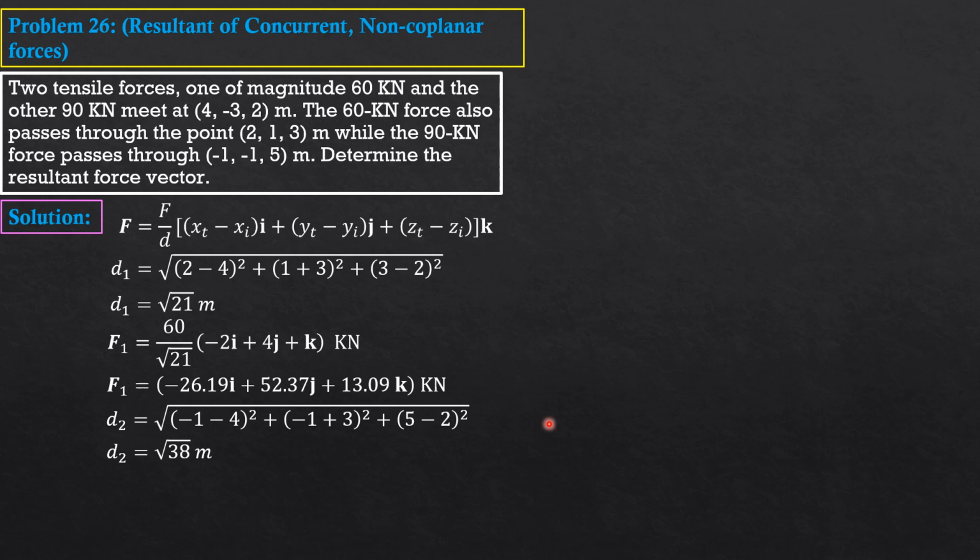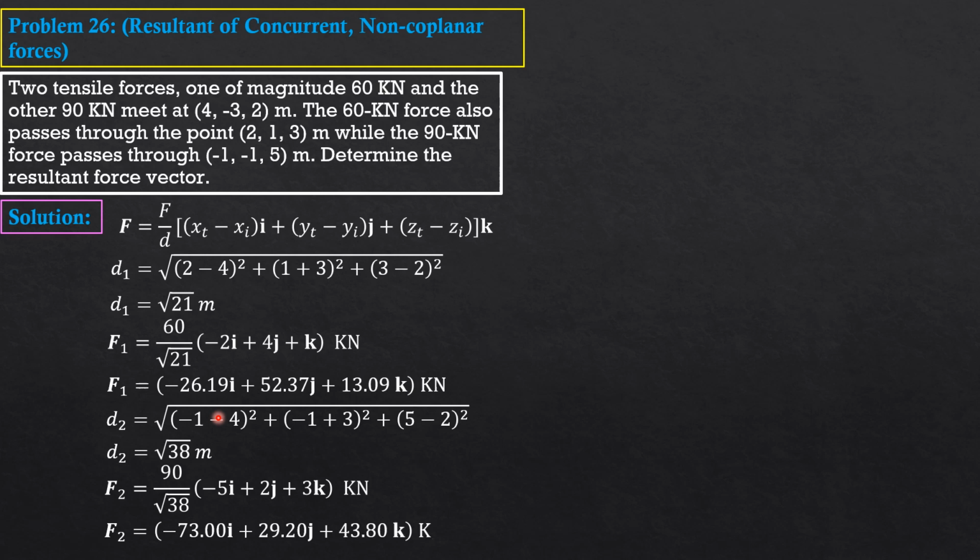Therefore F2 in vector form is 90 over square root of 38 times the quantity negative 5i positive 2j then positive 3k kilonewtons. Simplifying, F2 is negative 73.00i plus 29.20j plus 43.8k kilonewtons.